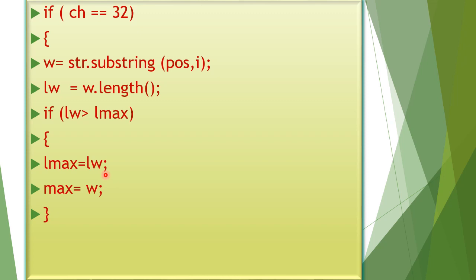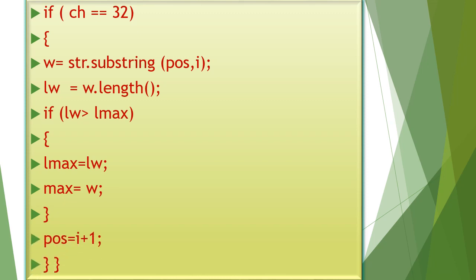That means the length of that word will be stored in the variable lmax, and that word will be stored in the variable max. So when the process is completed, what is stored in the variable lmax will be the length of the longest word, and what is stored in the variable max will be the longest word.